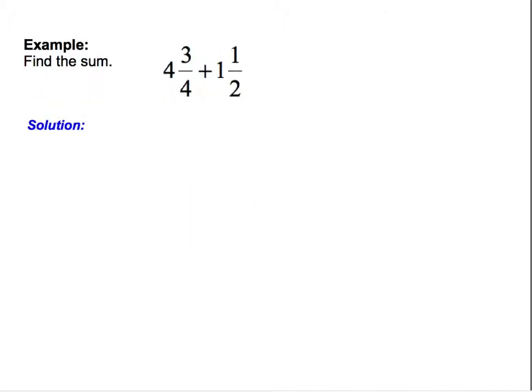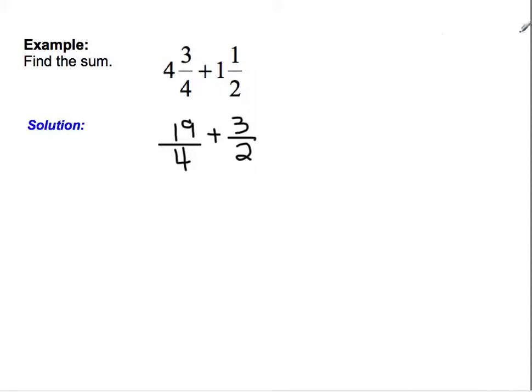So let's find the sum of these two. Again, we're going to change each of our improper to mixed. So 4 groups of 4 is 16 plus 3 additional, 19. 1 group of 2, which is 2 plus the additional 1 is 3.